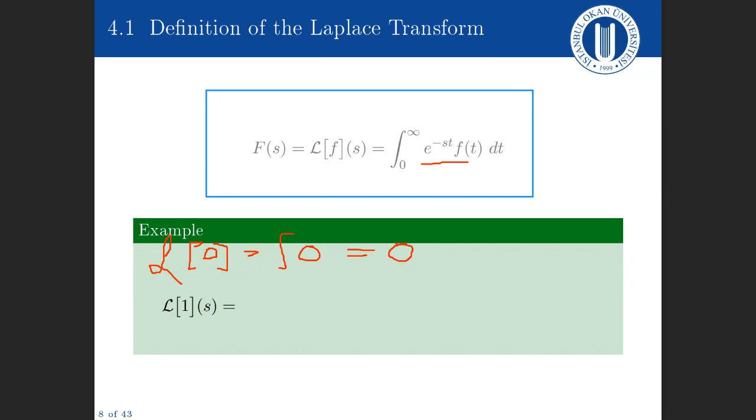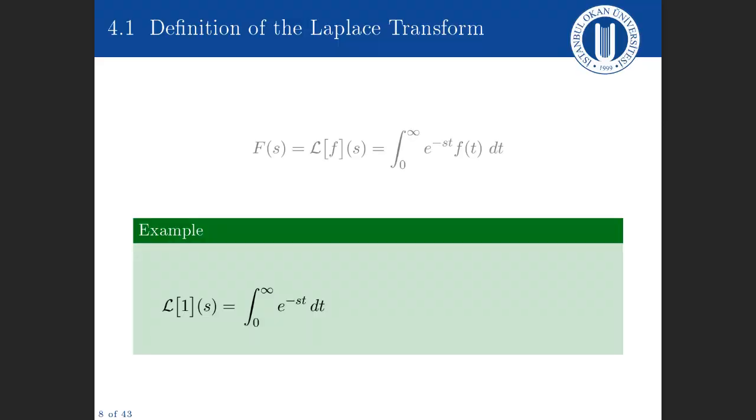The Laplace transform of 1 next, the next easiest function that we can think of. Put the number 1, the function 1, into the formula at the top. We're doing the integral from 0 to infinity, e to the power minus st dt.